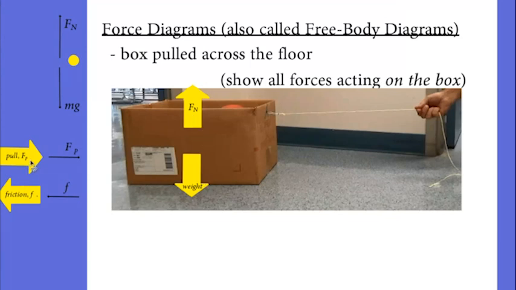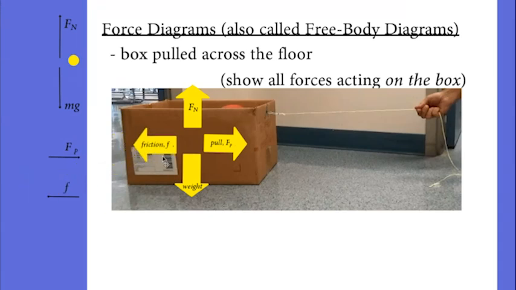The string has a tension in it, which I'll call a pulling force, F sub P. And anything that's sliding on another surface experiences friction, and so I'll just call that friction. And when we draw our force diagram, remember we pretend all those forces are acting on the center of mass of the box.